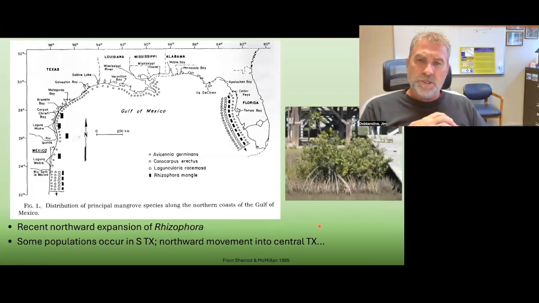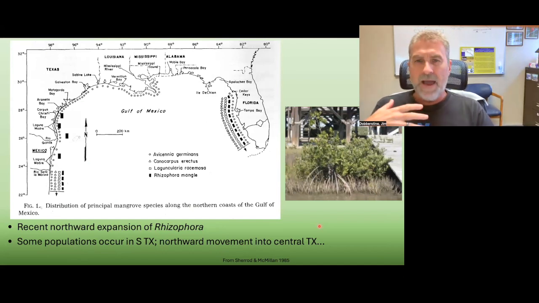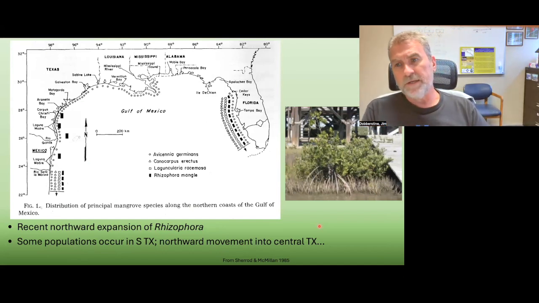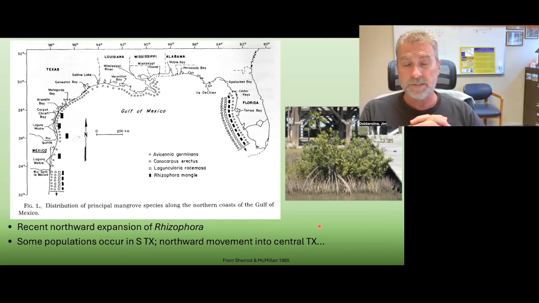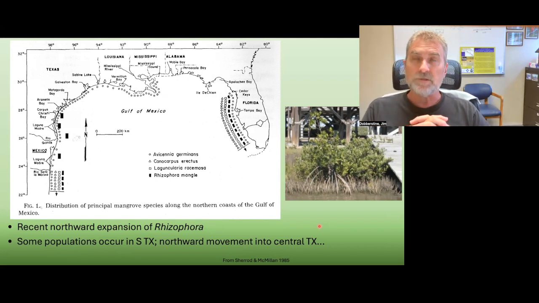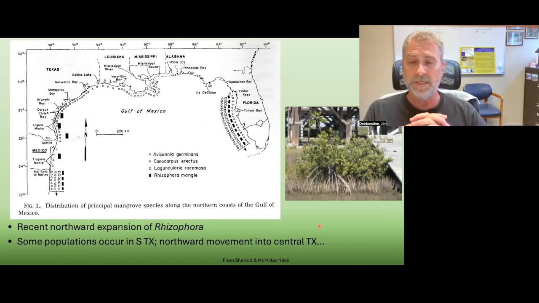So as I mentioned, red mangrove, these Rhizophora, are in fact expanding northward. This is a byproduct of climate change and warming conditions in the Gulf of Mexico. This could potentially be problematic. We don't know. There's a distinct opportunity there for shoreline habitats and these low marshes to be somewhat reshaped.